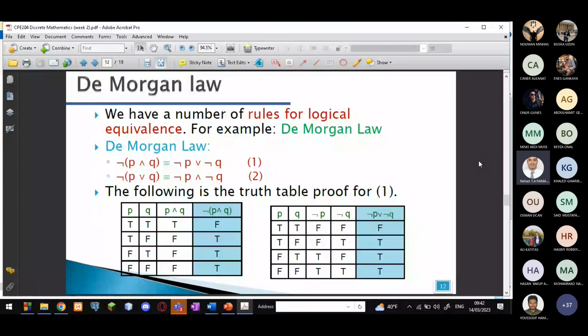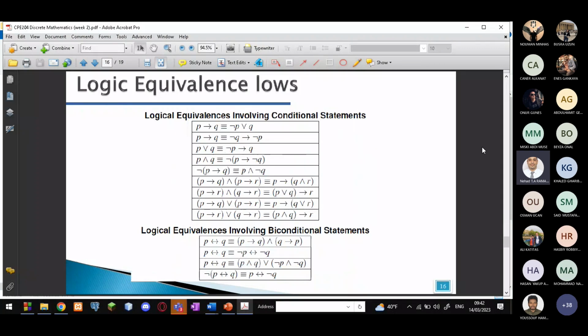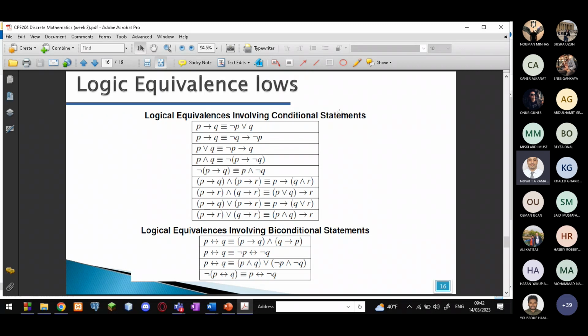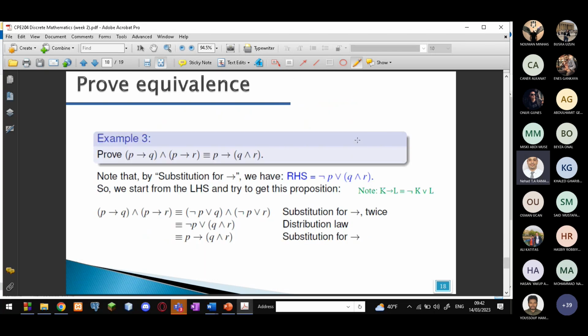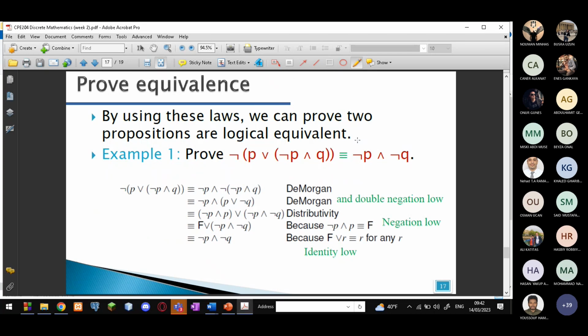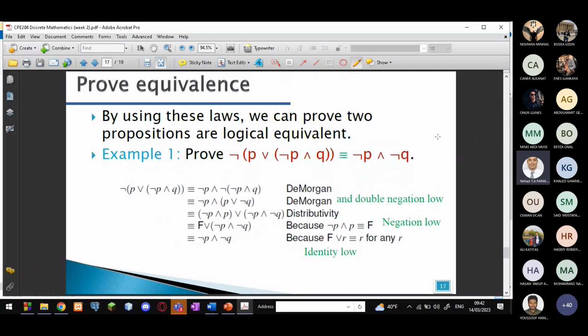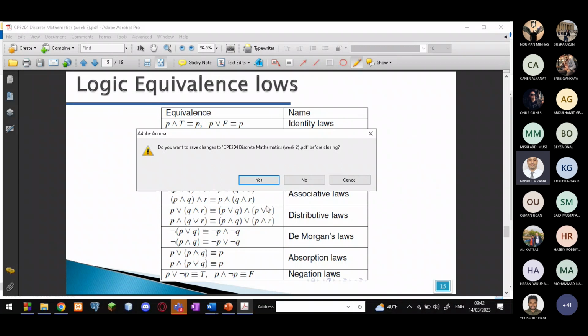Then we took some laws like De Morgan's law, contrapositive, and so on. We took the logical equivalence laws related to the conditional statement or implication, and we took the proof of equivalence and the proof of tautology also. We took this last time.